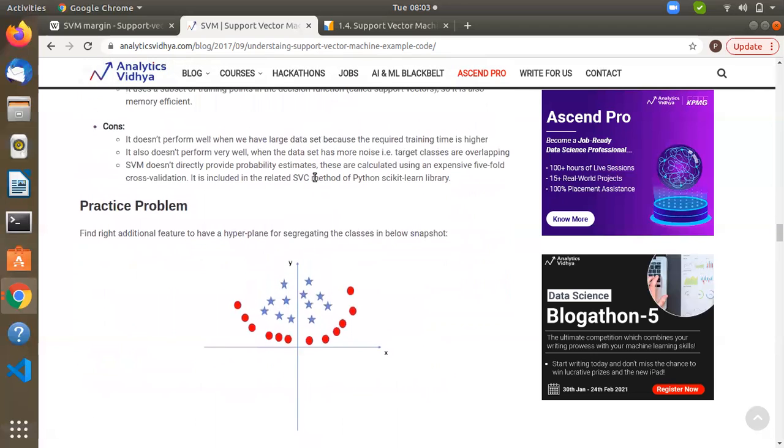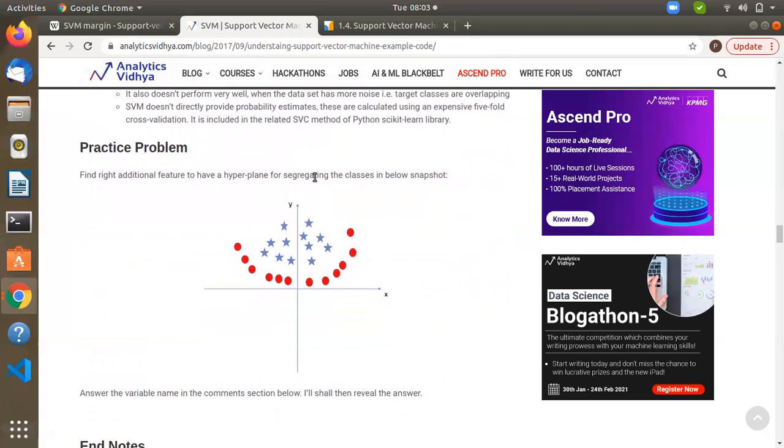You can see here, this is a practical problem. How will we solve this problem? How are we segregating this problem? We will be using something called a kernel function in order to provide a non-linear separable line, like a circular line.